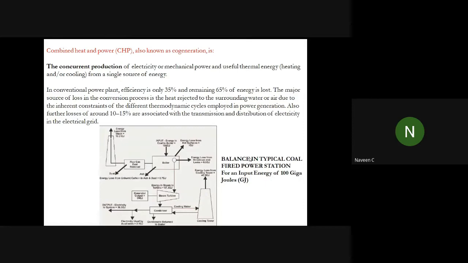Ultimately you are converting the pressure generated by you. For example, if it is a coal based power plant, you are burning coal and using the heat energy, you are heating or boiling the water.